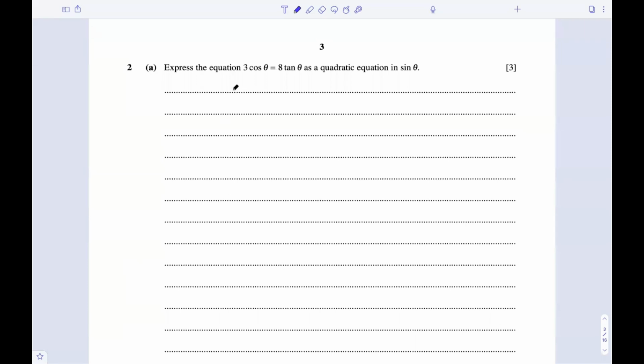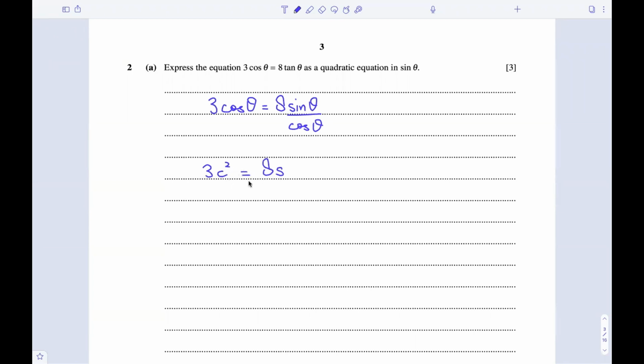In question 2, we have to express the equation 3 cos theta is equal to 8 tan theta as a quadratic equation. So we know that tan theta can be written as sin theta upon cos theta. Cross multiplying, we get 3 cos squared is equal to 8 sin.